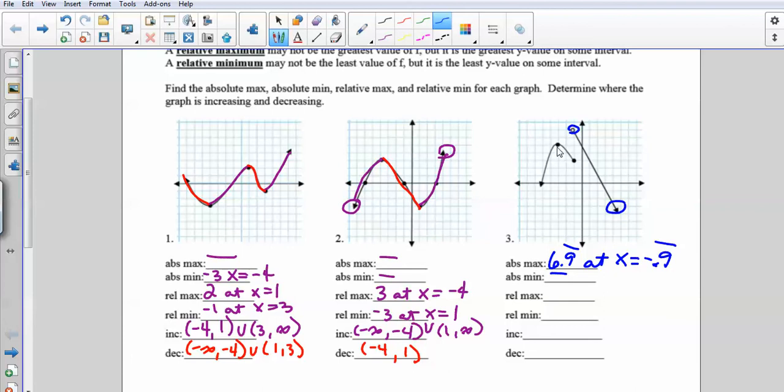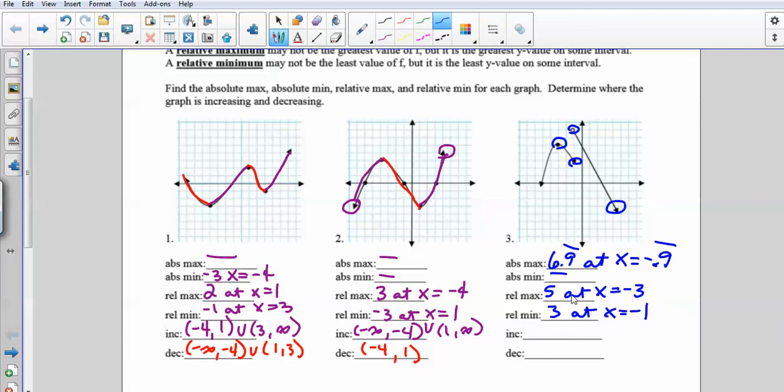For the relative maximum, you can see that value is right here. The relative maximum is 5 at x equals -3. And there seems to be a relative minimum value as well right here, and that relative minimum will be 3 at x equals -1.